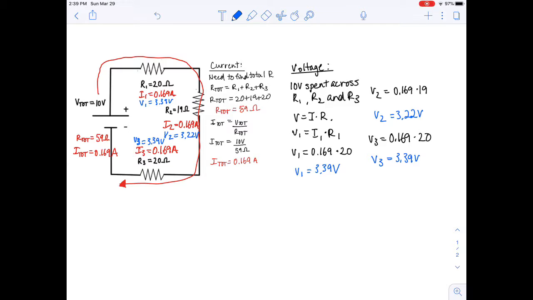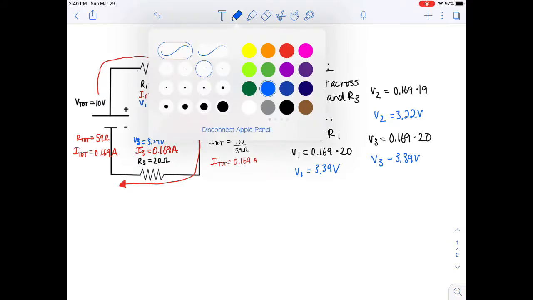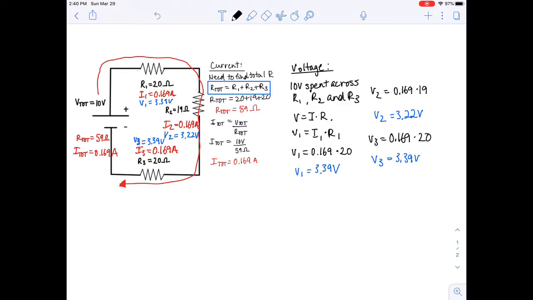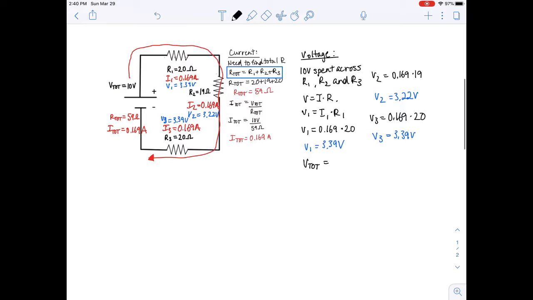Okay, and one thing we can check and confirm is that our voltage abides by the rule for series voltage, which is that V total equals V1 plus V2 plus V3. And we can just check that here.